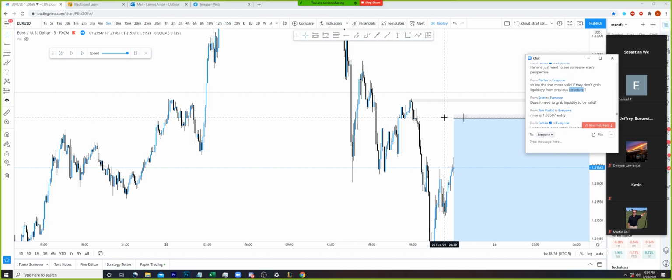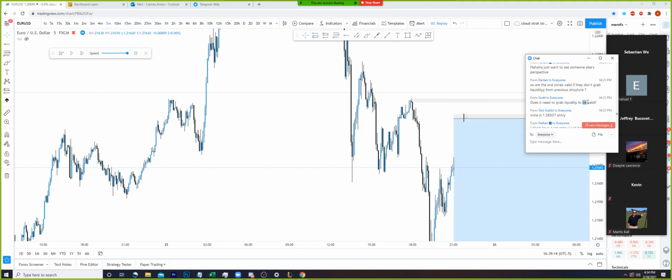So again, an S&D zone itself is 100% valid as long as it hasn't had a mitigation, at least in my eyes, right? There's probably others that teach S&D differently, but for me, these zones are valid anywhere that have not had mitigations yet, and you add things to the pie to make it more probable. Okay.